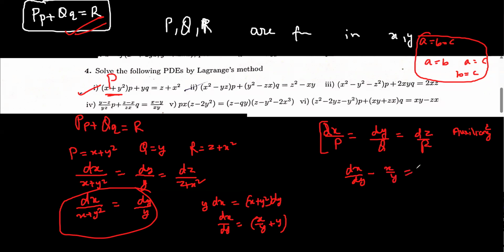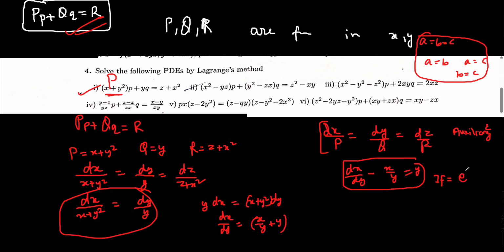dx upon dy minus x upon y is equal to y. This is what? A linear differential equation. And you know how to solve linear differential equation? First we find its IF. IF means integrating factor.